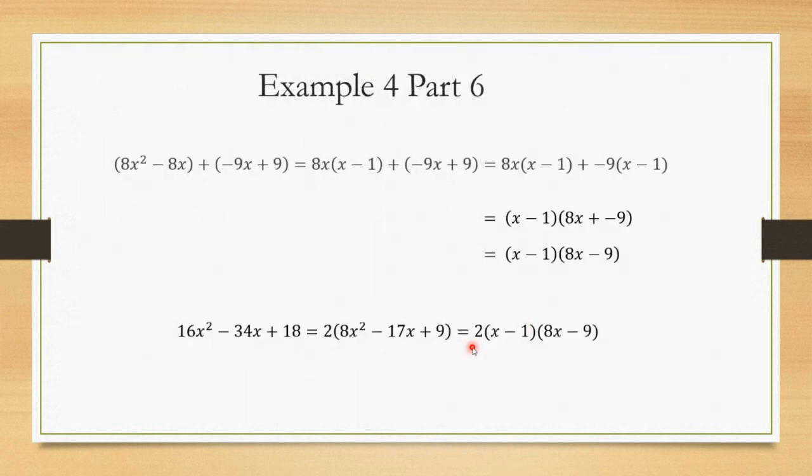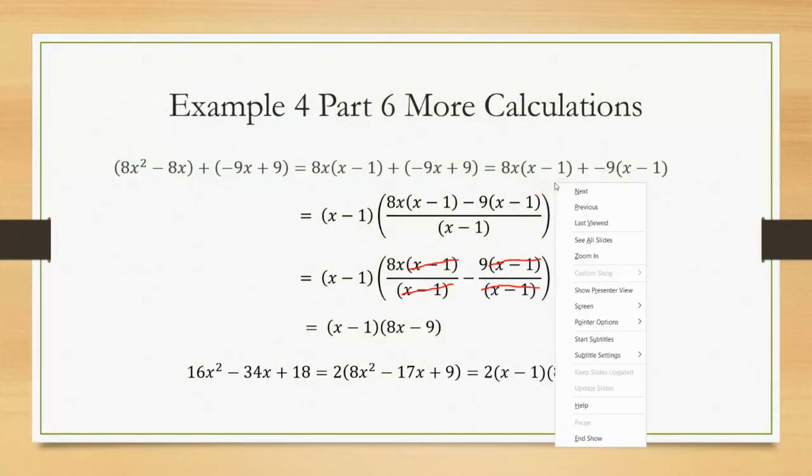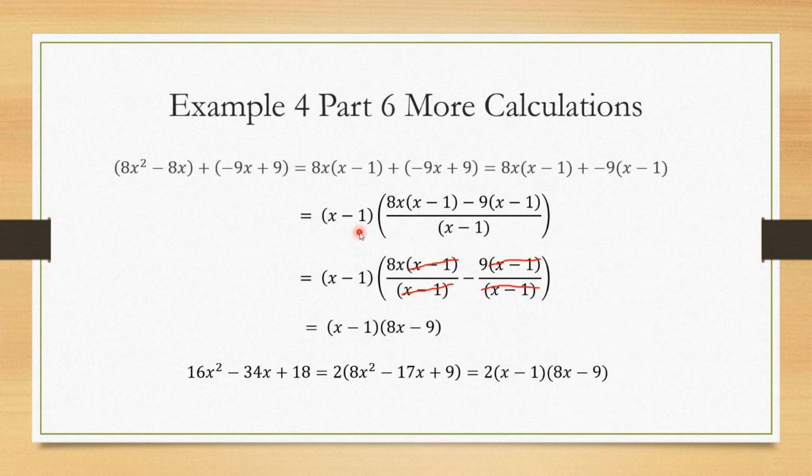From here, again, I'm just showing all the calculations, all the steps. The x minus 1 is in front. To get what's left over, we divide, and to divide means to divide into each term.